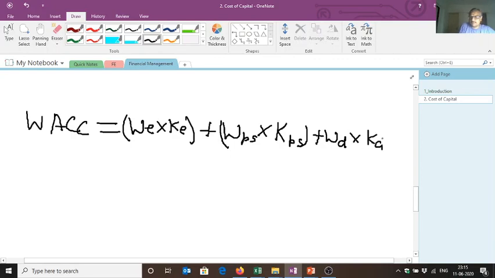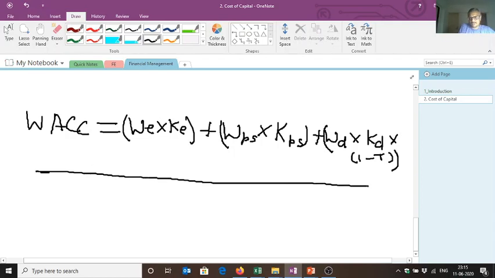One more improvement I would suggest we need to do. We need to multiply it by 1 minus t. We call it post tax. And I'll give you a little brief about this right now. So this is the mathematical expression which we are supposed to use.